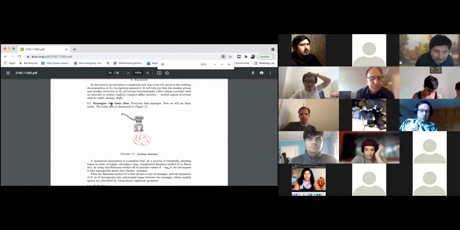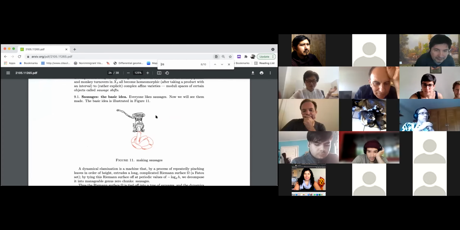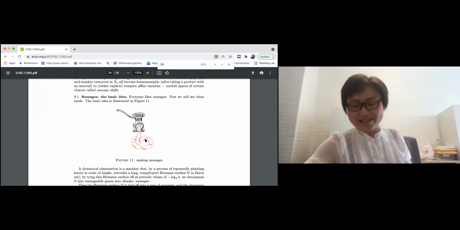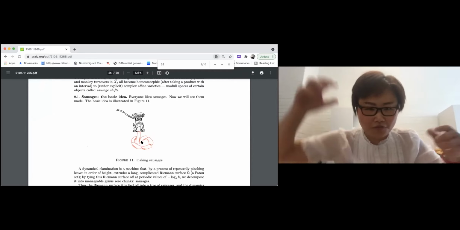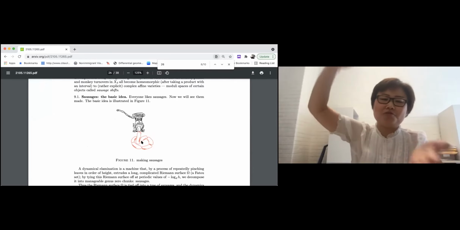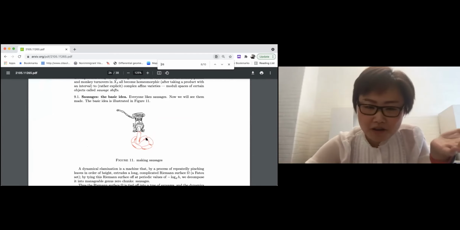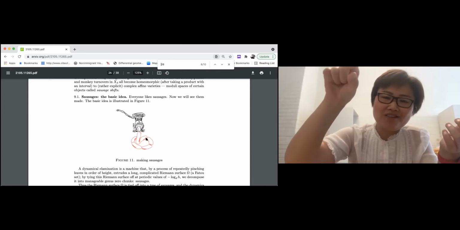The basic idea of making sausages is the following. You make the sausages piece by piece. Topologically you construct a cell and you glue another cell to it. The sticking point is where you have a degenerate critical point.